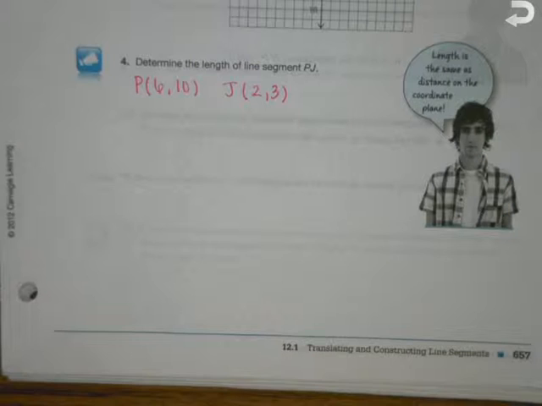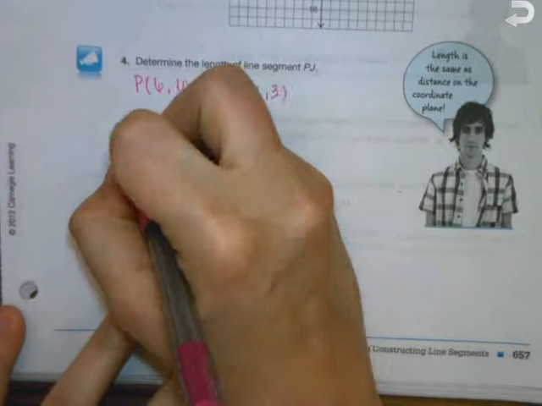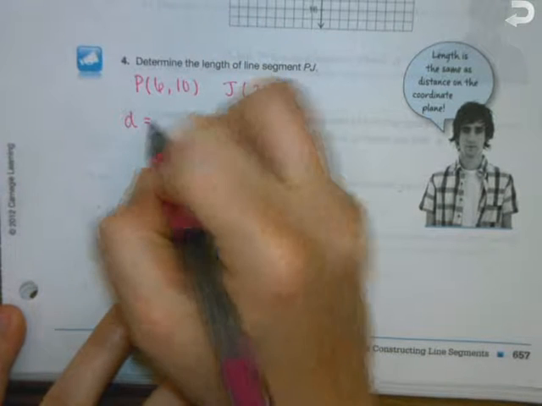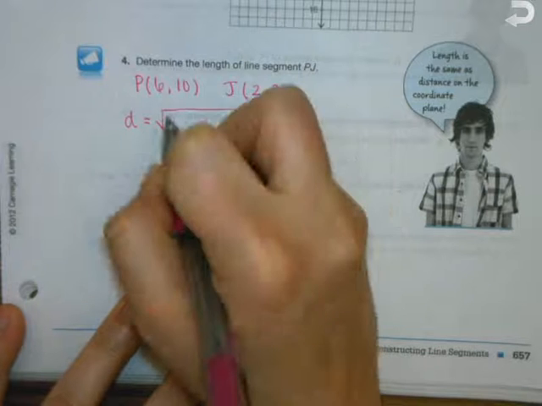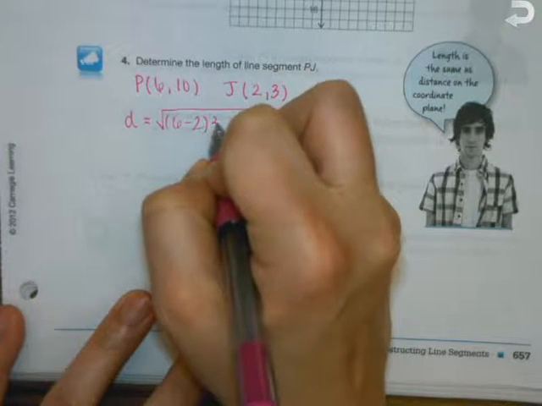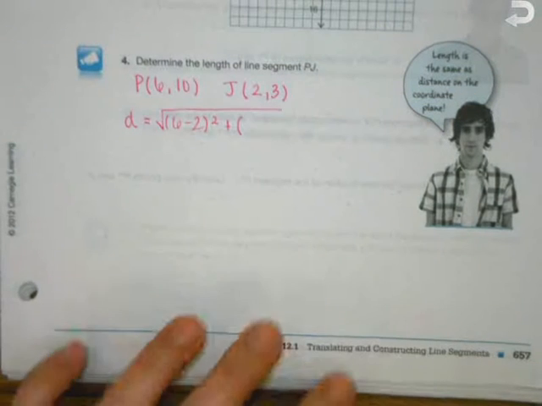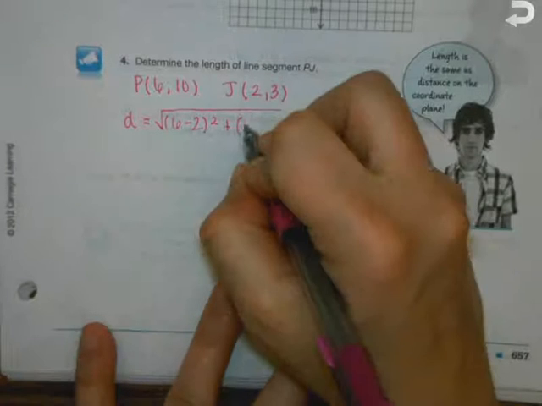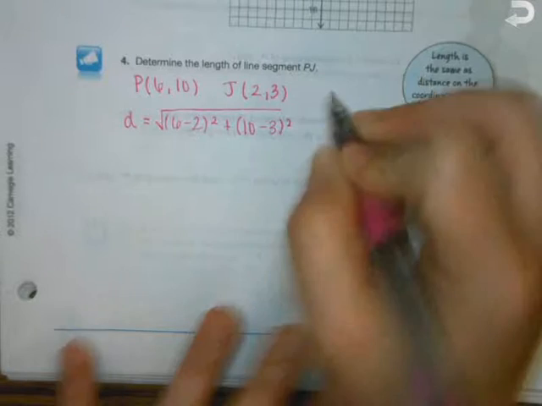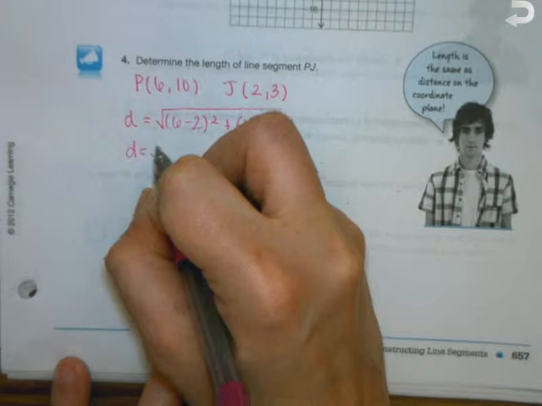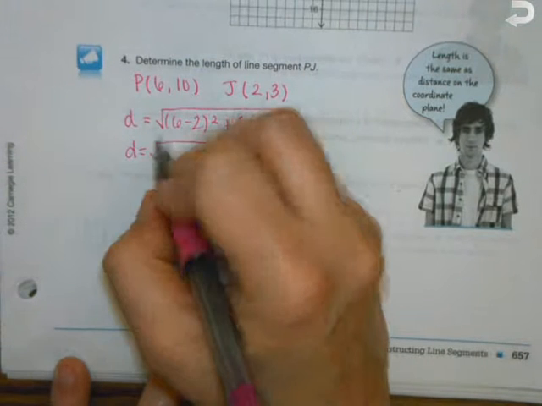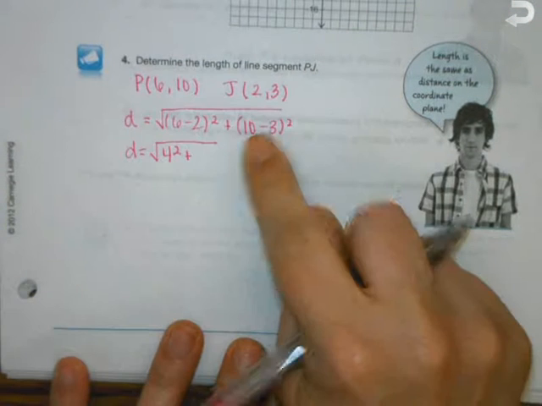So when we plug stuff into the distance formula, what point did you guys use first? 6 minus 2. Okay, so D equals the square root of (6 minus 2) squared plus, so then which order did you put them in the next time? Good, (10 minus 3) squared. Okay, what does 6 minus 2 give me? 4 squared plus 7 squared.